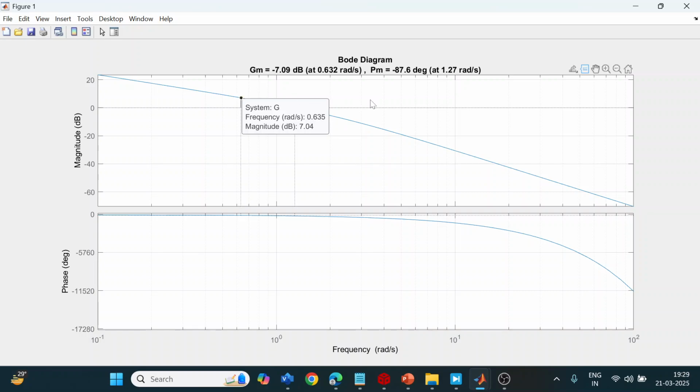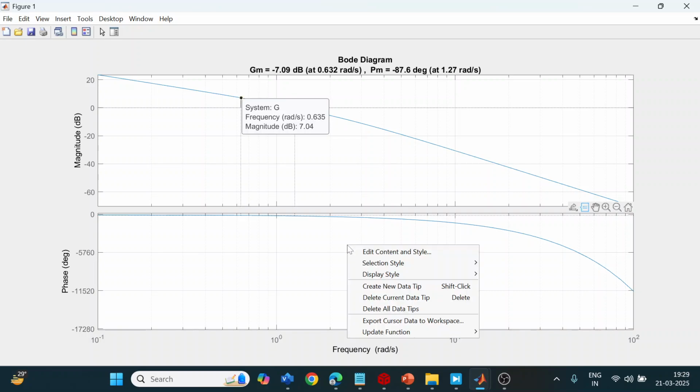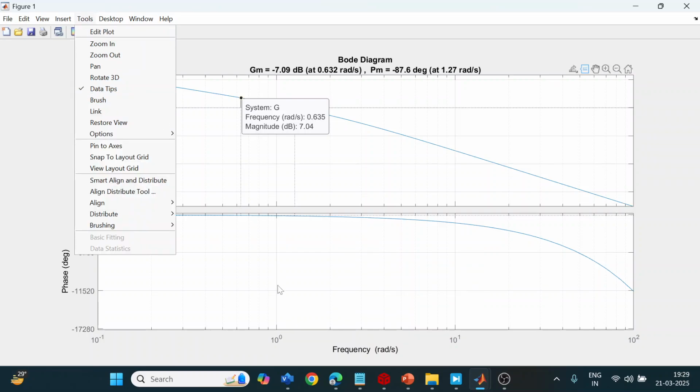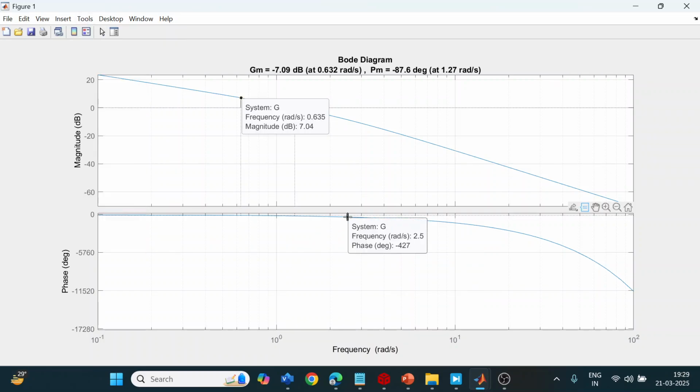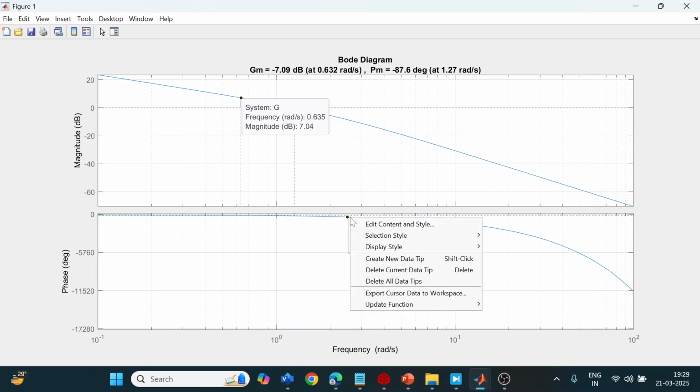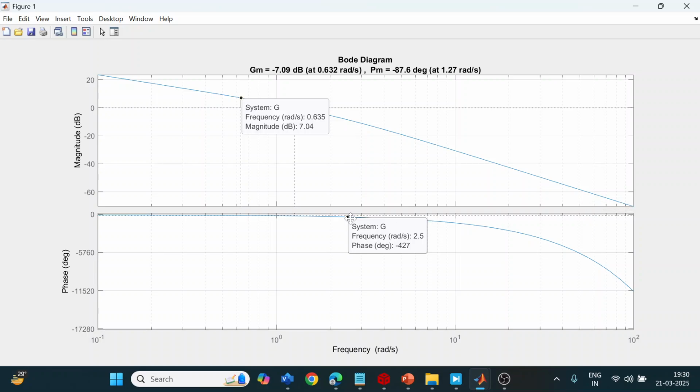Similarly, on the bottom side you can do the same thing. Right click, go to tools again, data tips, and click any point. Once you click any point, go to the selection style as mouse position, then you can drag it.